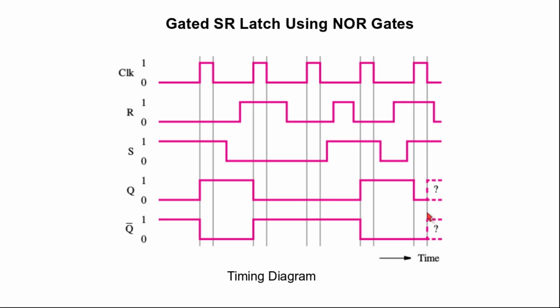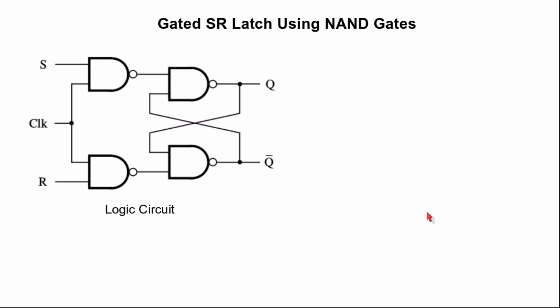And now let us move on to the next circuit, which is the gated SR latch using NAND gate. So again we have the basic SR latch using NAND gate this time, and to this basic SR latch using NAND gate we connect two NAND gates, slightly different from what we did for gated SR latch using NOR gates.